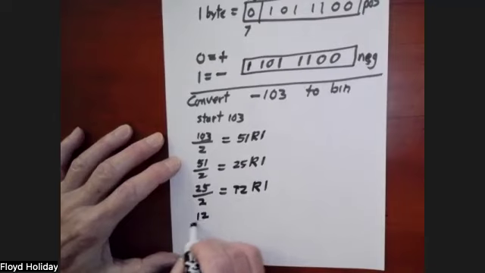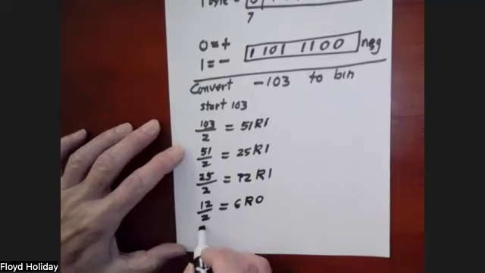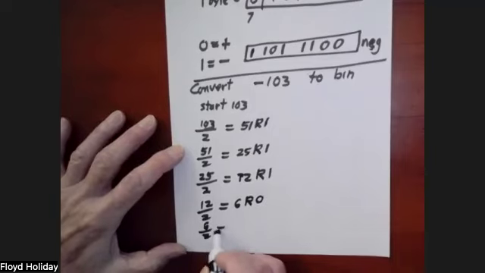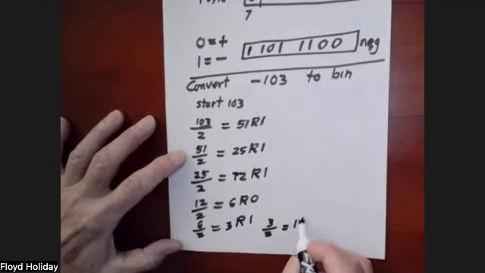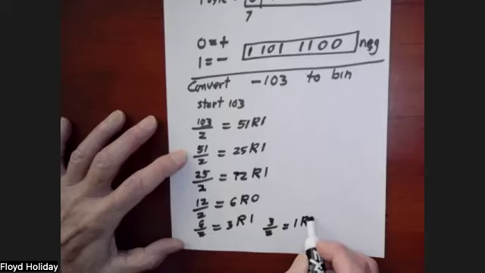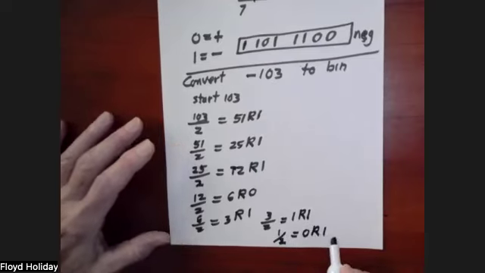Okay, 12 divided by 2 is 6, remainder 0. 6 divided by 2 is 3, remainder 1. 3 divided by 2 is 1, remainder 1. 1 divided by 2 is 0, remainder 1.